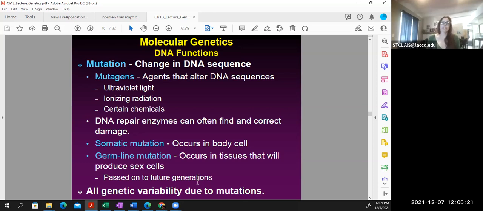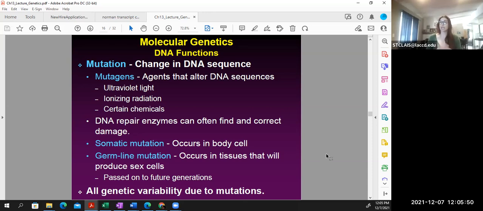The mutagens are going to be agents that generate mutations, just as the name implies. Some possibilities are UV, okay, ionizing radiation such as gamma radiation, or chemicals such as ethyl methane sulfonate. That is a mutagen.